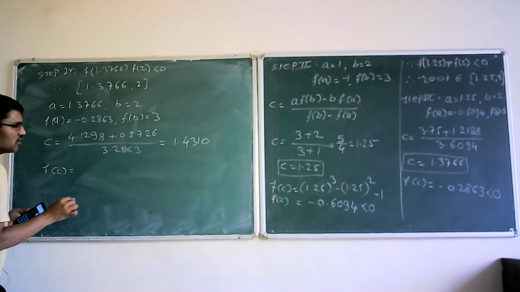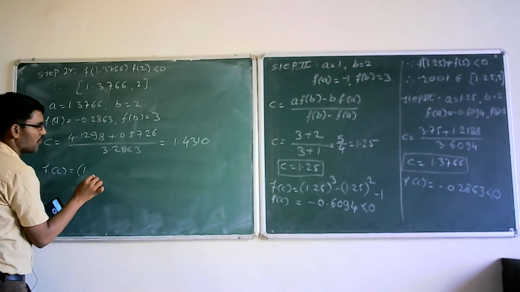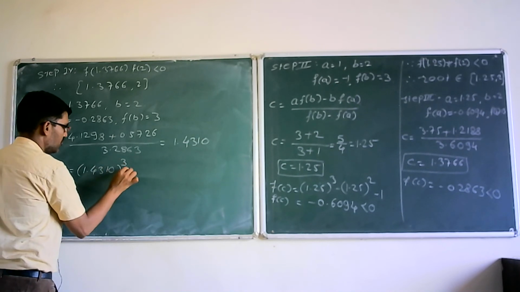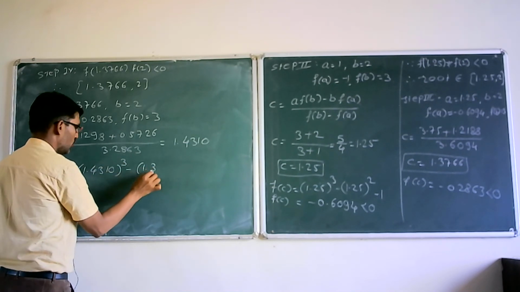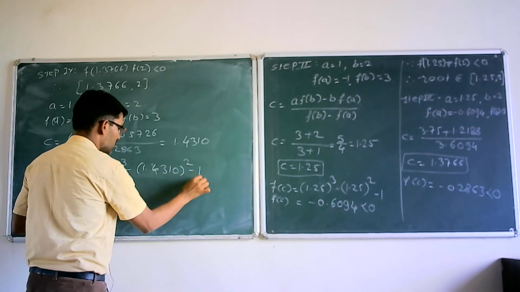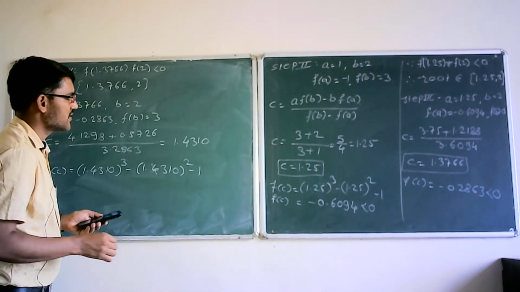f of c is what? We know that our f function is 1.4310 bracket cube minus 1.4310 bracket square minus 1. This is our f of x.